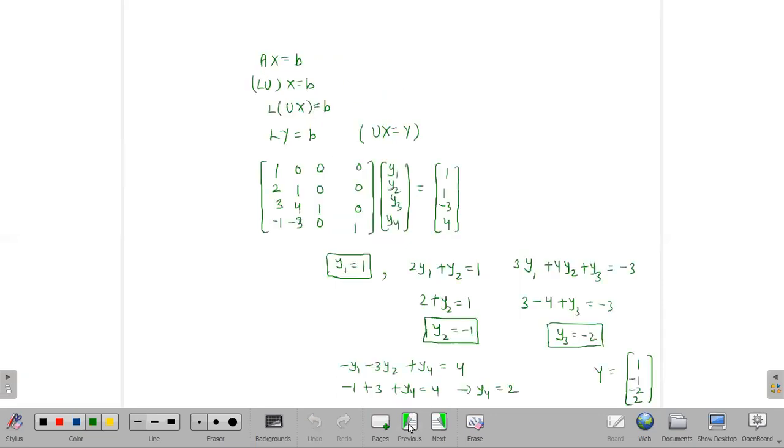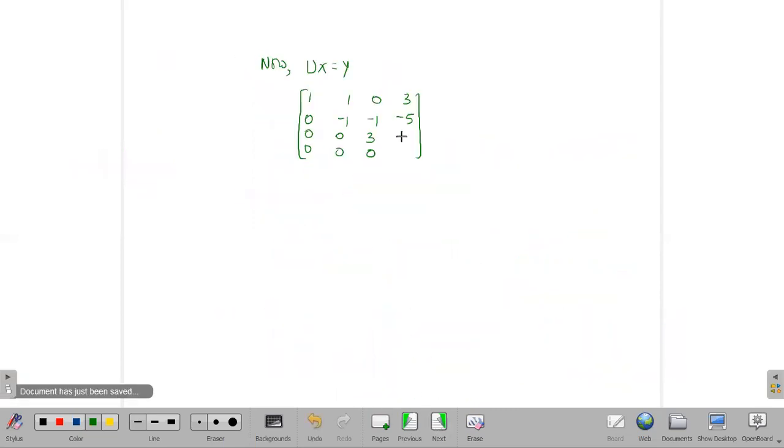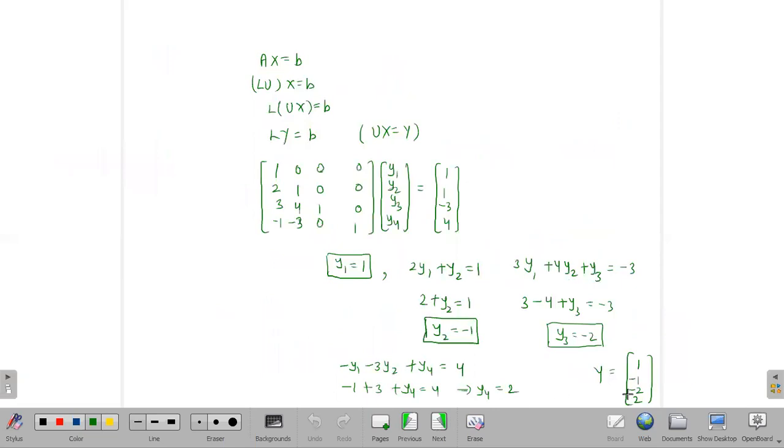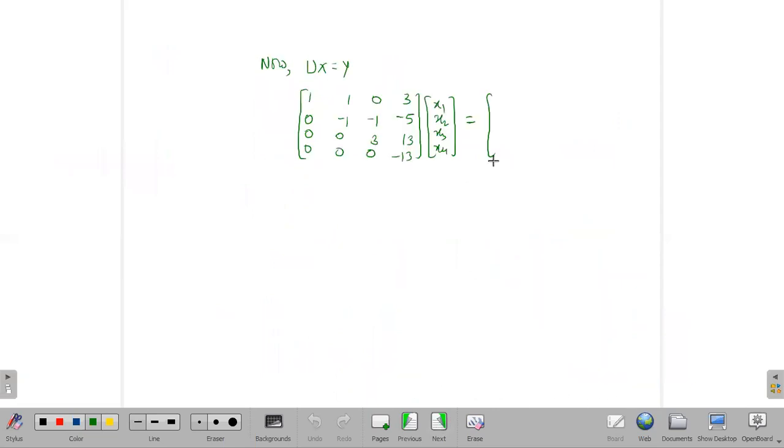This also 0, 3. This is -13. This is multiplied by x1, x2, x3, and x4. And the y value is 1, -1, -2, and 2.